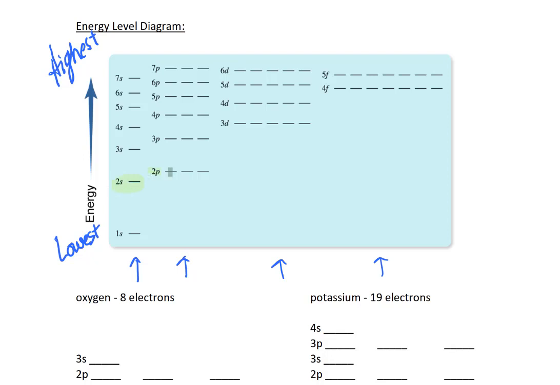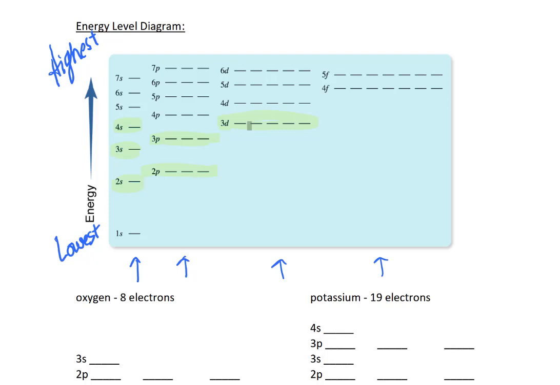Then comes your 2p, then your 3s, then your 3p. Notice how you might think 3d comes next. But once you get to this point, the orbitals' energies are very similar to one another, and so the 4s actually comes before the 3d. Now you might think that's an obnoxious thing to memorize, but I'm going to show you a way around simply memorizing those weird exceptions. But first, let's talk about filling these energy level diagrams.